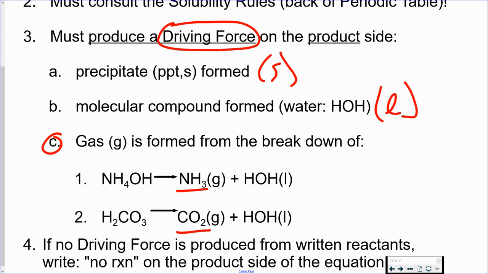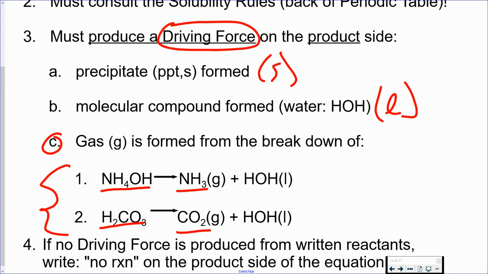Well, it's nice of me, but it's also a little bit difficult to remember those two, because these are the two things that if you do the double replacement, these would come out on the product side. However, they never actually form. And I'm going to use H2CO3 as the prime example. H2CO3 is called carbonic acid.